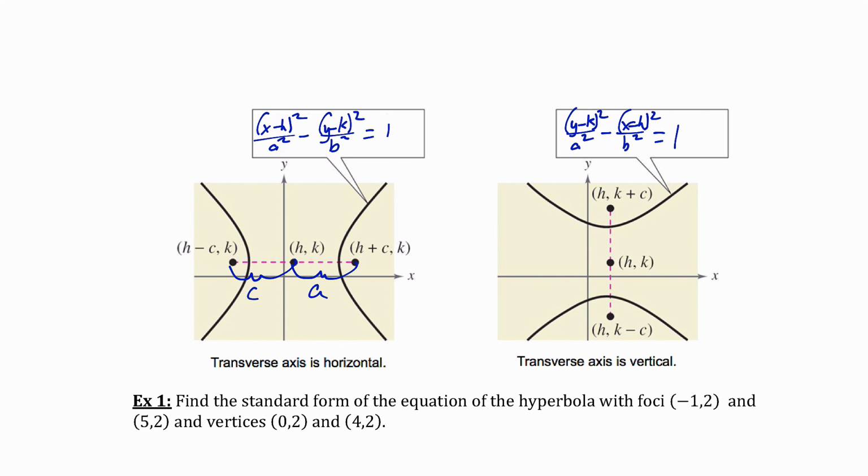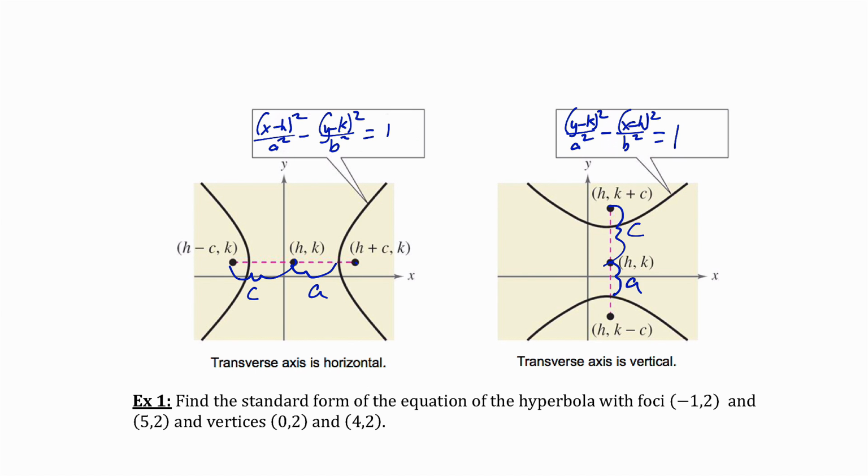And similarly, the distance from the center to the focus is that c value, and then oh, wait, I kind of glossed over something here. I mislabeled the previous one. From the center to the vertex, I just went to the point that we had there. And the center to this vertex is going to be a.